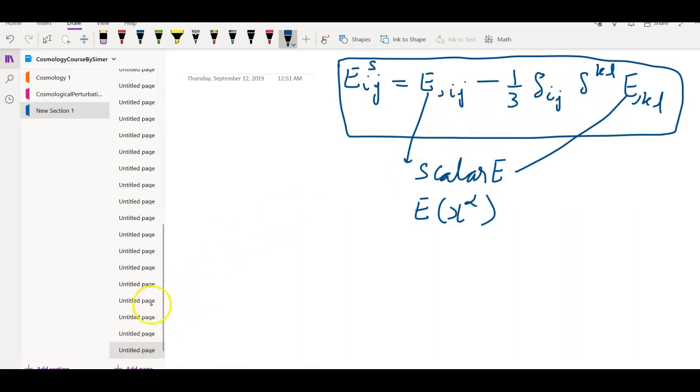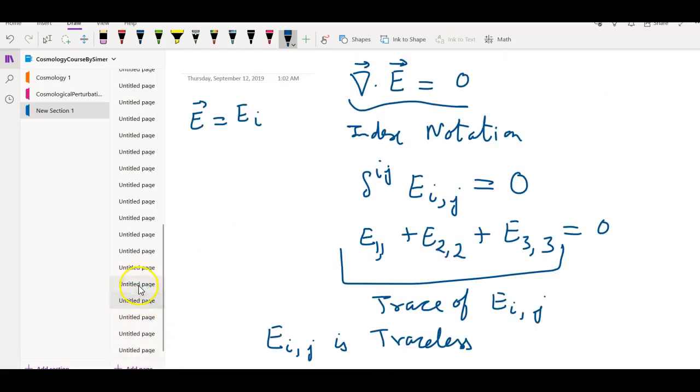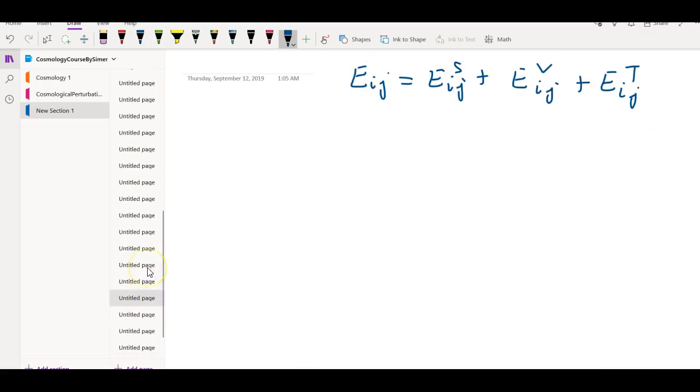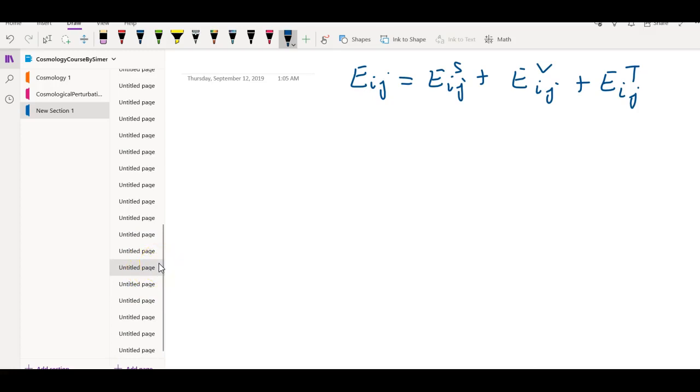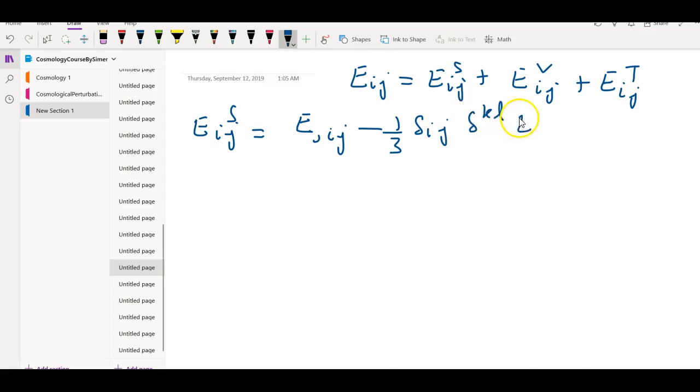Scalar part is this. I hope this is right, but we can double check.